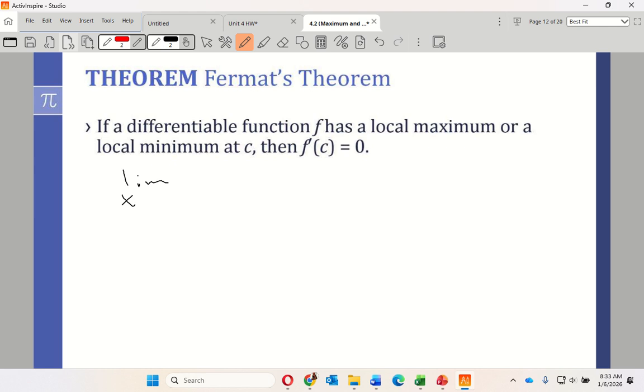The limit as x approaches my c value from the left is equal to the limit as x approaches the c value from the right, which is equal to f of c. All those things must be equal, or the derivative's got to work. So left side, right side. So can I have a local at an endpoint? No. That was what we were talking about yesterday. So we're not going to have a local at an endpoint.